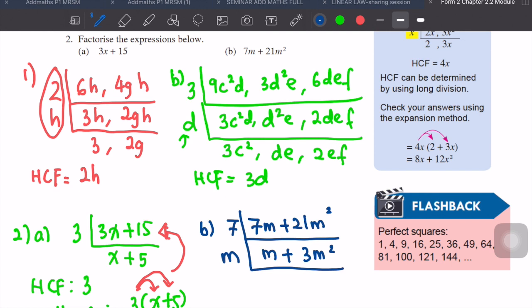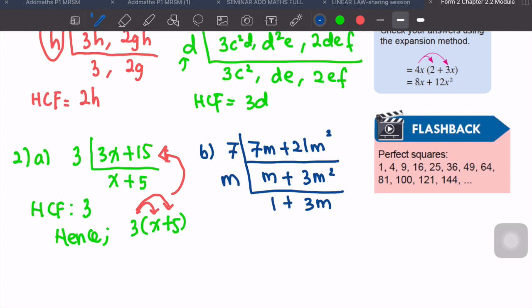So m divided by m is 1, plus 3m square divided by m is 3m. Okay, so you know that for this question the HCF is 7m. So hence the factorization dia adalah 7m times 1 plus 3m.